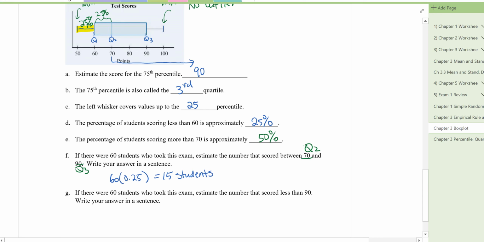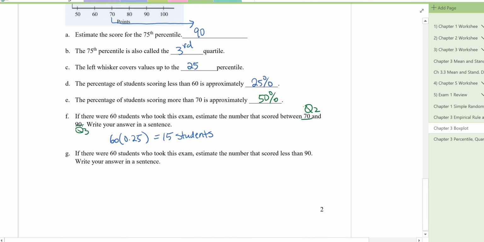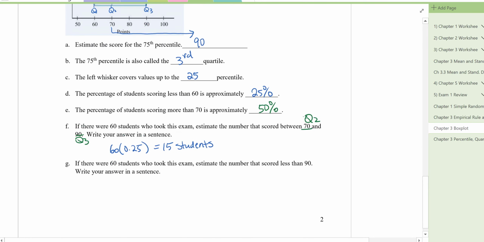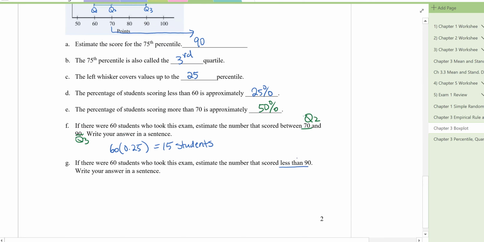If there were 60 students who took the exam, estimate the number that scored less than 90, answering in a complete sentence. Score less than 90, that's less than Q3. Let me put a 90 in Q3. 90 here is your Q3.